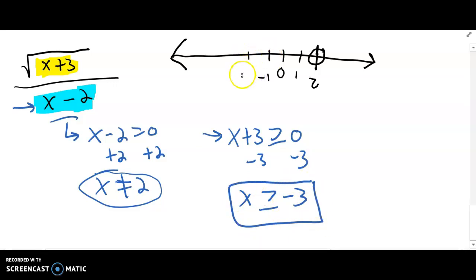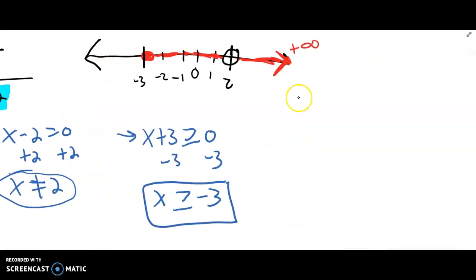Negative 1, negative 2, negative 3. It includes negative 3 and everything after negative 3. So great, we got to stop because we can't have 2, but still everything else after negative 3 works. So we keep going all the way to positive infinity.